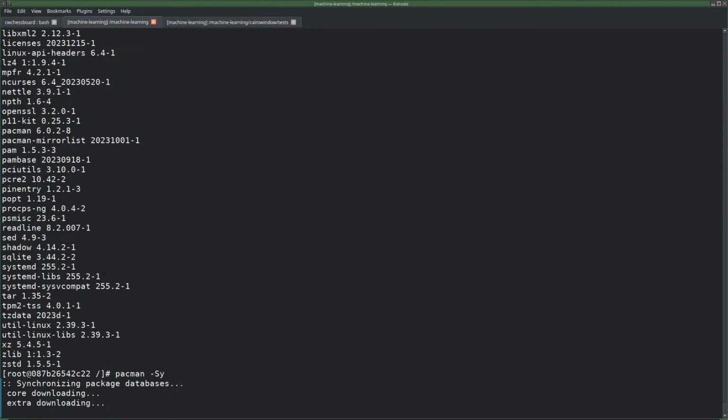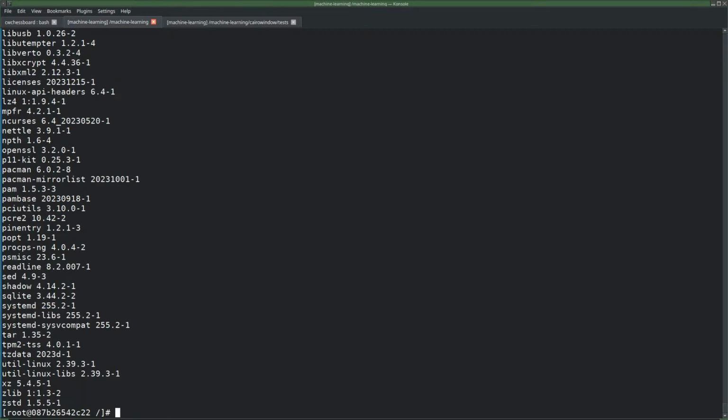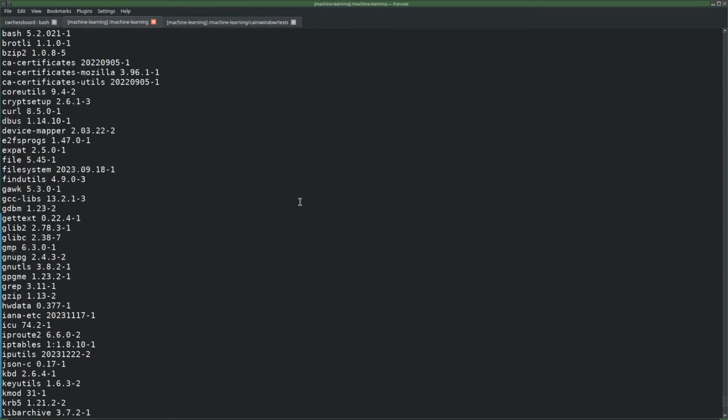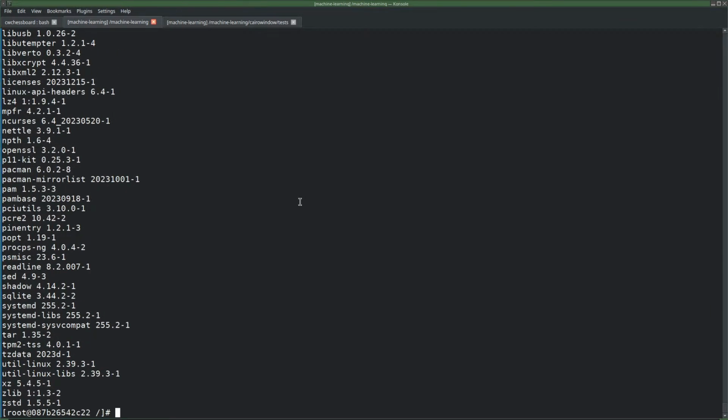Cool. And now I am root. Is there a way to be not root? Because I have to test stuff, I guess, and it doesn't matter that I'm root inside here, but still.